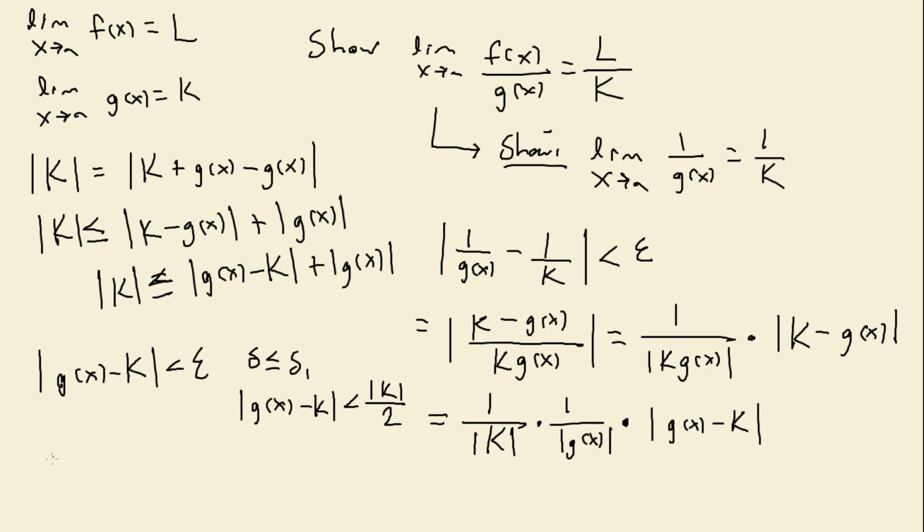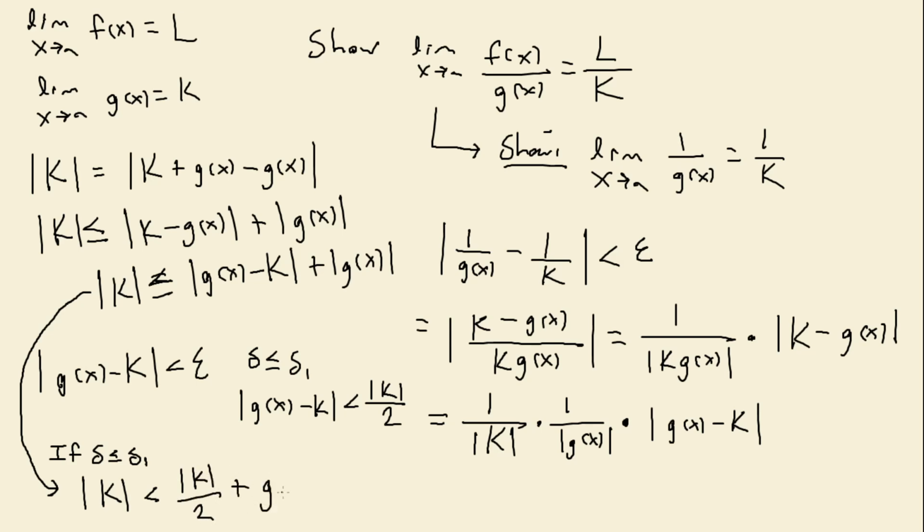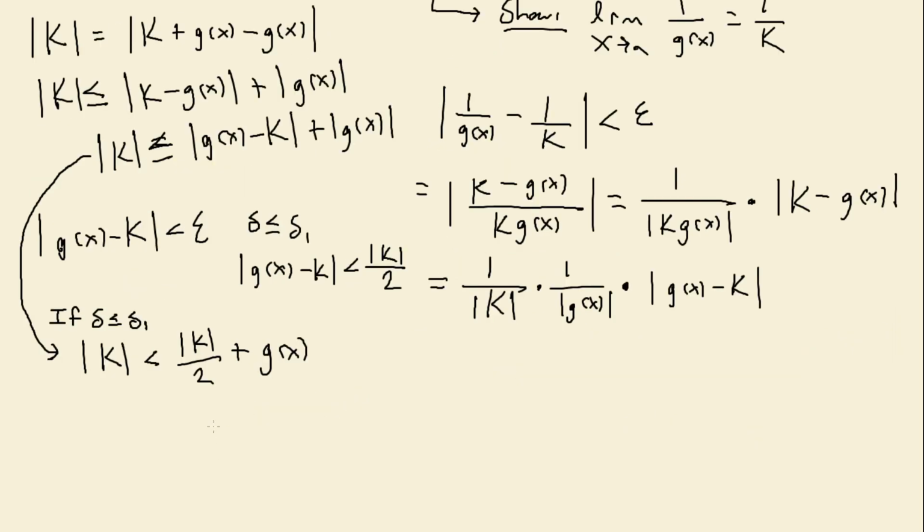And then if delta is less than or equal to delta 1, this expression, the absolute value of k, will be less than, not less than or equal to, the absolute value of k over 2, which we just showed, plus g of x. And now we can solve this for g of x, because you just subtract this from both sides. The absolute value of k over 2 is less than g of x.